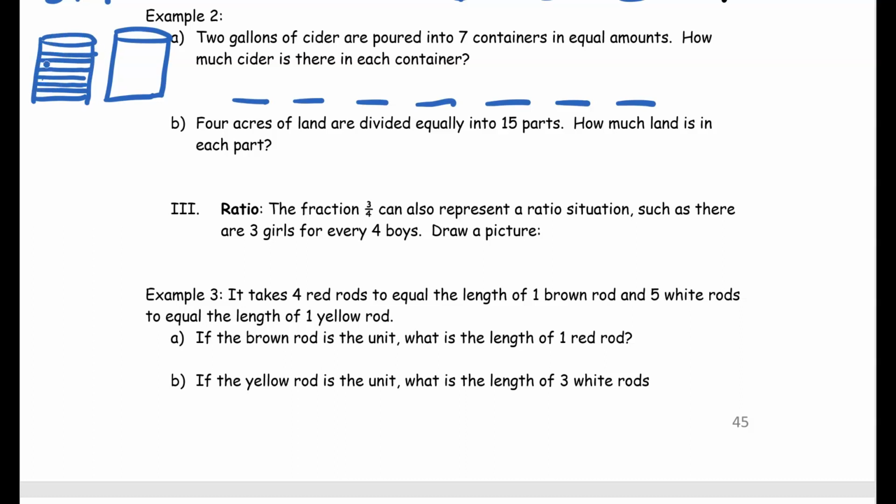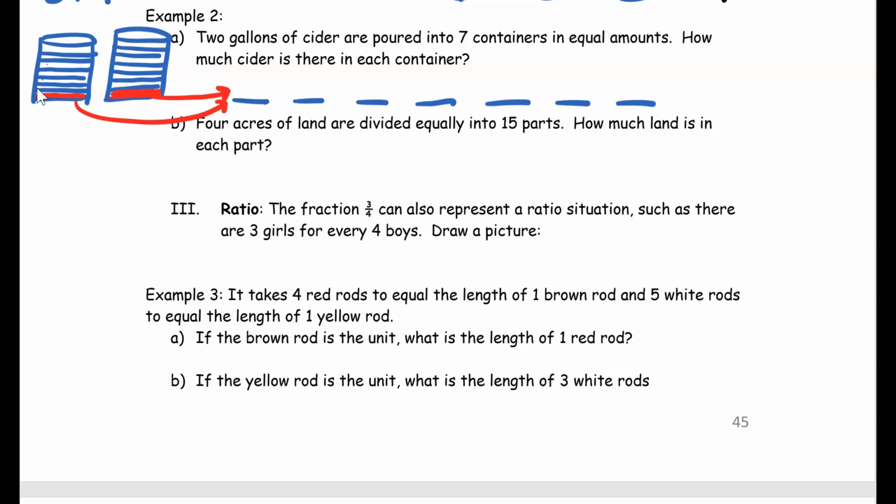1, 2, 3, 4, 5, 6, 7. Okay, and I'll do the same thing here. So each of them has 7 sections. Well, I could give one of these 7ths to this first container.